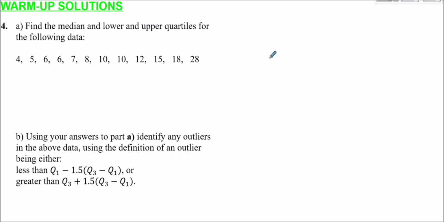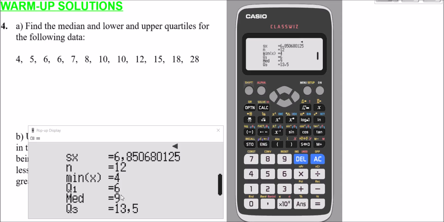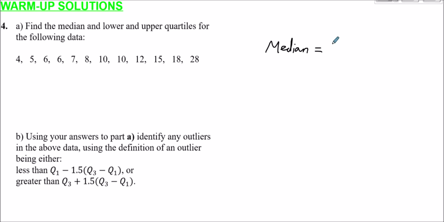So the median was 9. The lower quartile, I think it was 6. Just have a quick check.